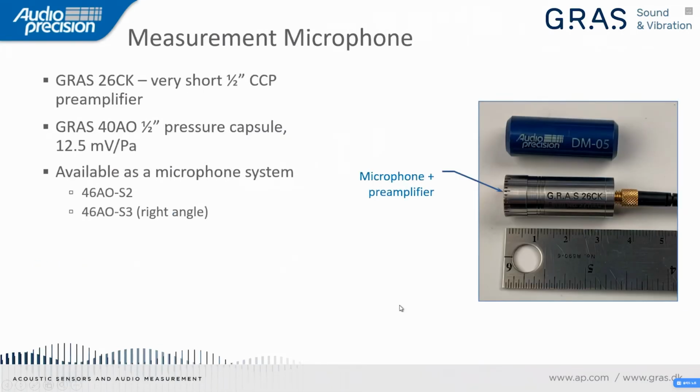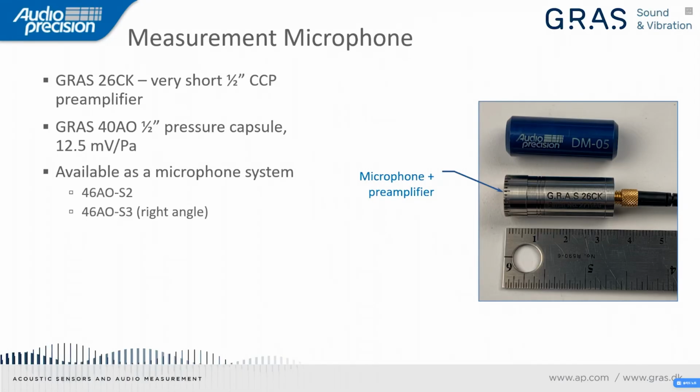Now we also need a measurement microphone that goes inside the coupler, and our sister company Grass has a lot of choices when it comes to microphones. Now for this application, we want a microphone with a pressure response, and Grass has several that fit the bill.